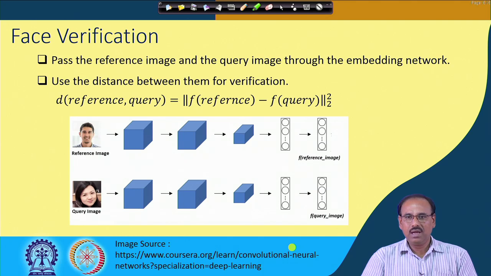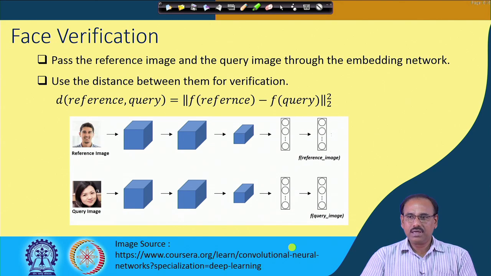So you pass the images through the same network and you get the embeddings of the two images. If the distance between the two embeddings is less than a certain threshold value, I can say that they belong to the same person. And if one of them is an anchor image, I can verify that the other image is an image of that person only.